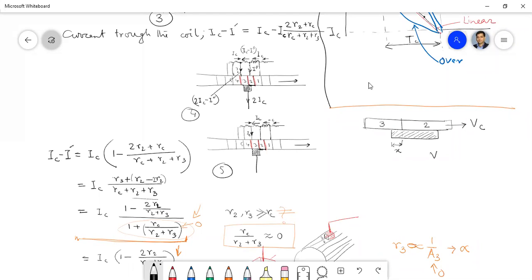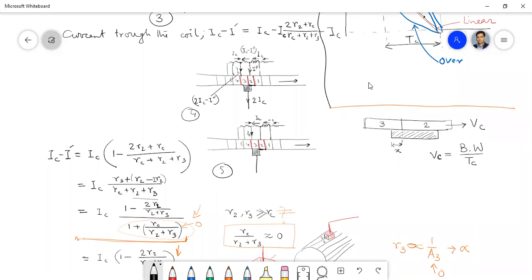Can you remember how we can define this in terms of brush width and commutation time? Brush width by commutation period. Because already we have defined Tc equals BW by vc. So that means vc equals BW by Tc, isn't it?